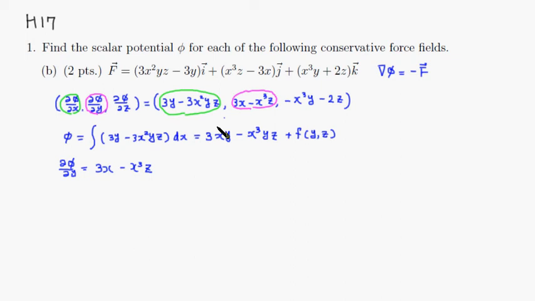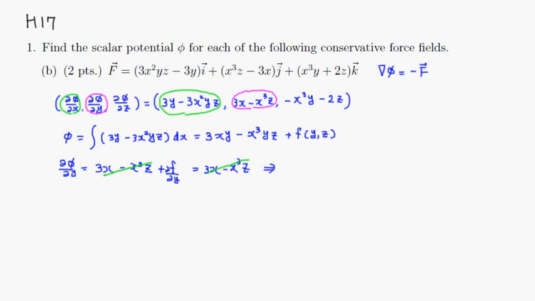Then you have the partial derivative of f with respect to y, and this is going to be equal to 3x minus x cubed z. So you have exactly the same thing on both sides.